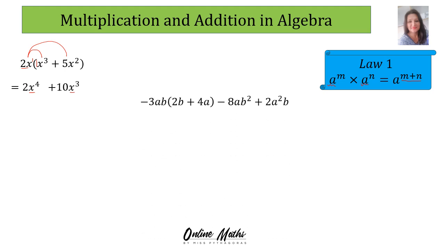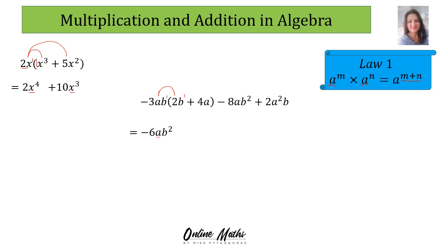Let's do another example. In this one, again, I will first use the distributive property of multiplication to get rid of the bracket. So I will say minus 3ab times 2b becomes negative 6ab squared. The a I will just write with, but on b, since the bases are the same and you multiply, therefore you add exponents.